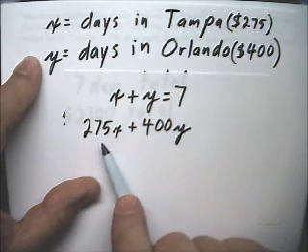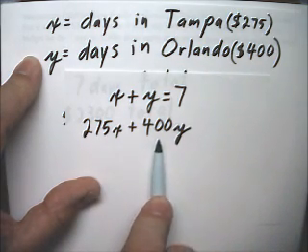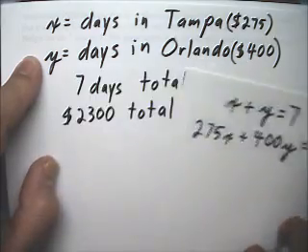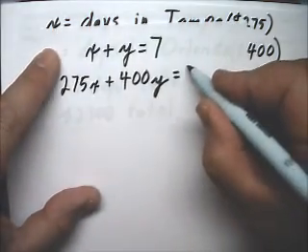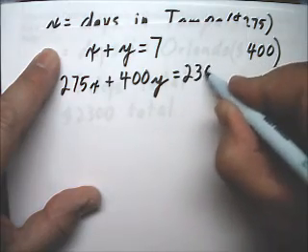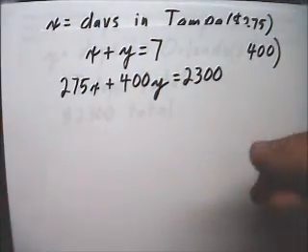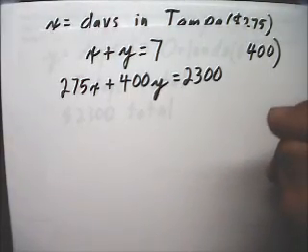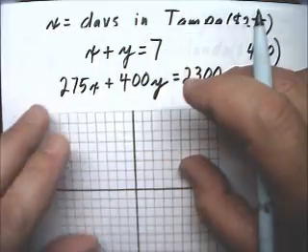This is the amount of money I spend in Tampa, this is the amount of money I spend in Orlando, and altogether this has to add up to 2,300. And really the hard part is done. Now I have two equations, and I can graph them, and I can solve this.